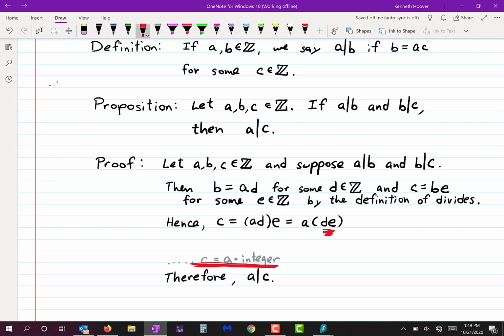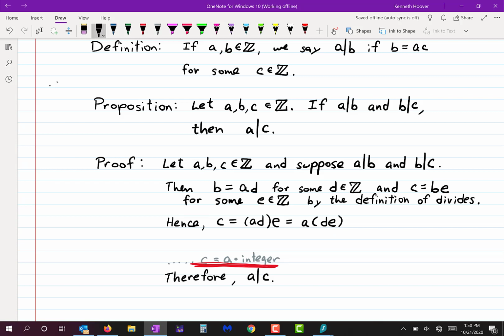Let me ask you a question. Is it an integer? Yes, it is, because d is an integer and e is an integer, and an integer times an integer is an integer. So de is, in fact, an integer, but it's my job to point that out. I can't just say, oh, yeah, it is true. No, I got to say it.